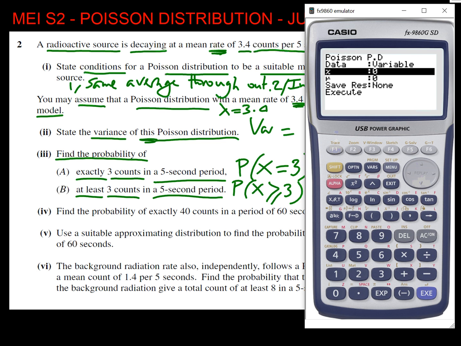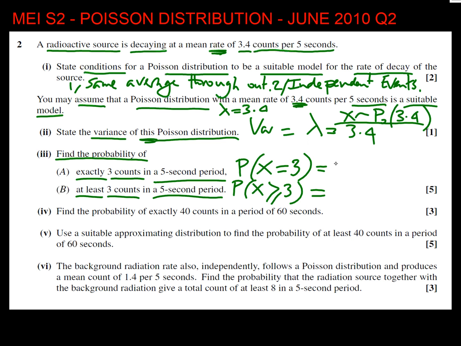Well, we've got to enter the value we're looking for, which is 3, the occurrence of 3, with a lambda of 3.4, pushing the button. Here we go with our calculator. So our first answer is 0.2186, and to 4 decimal places, 0.2186.